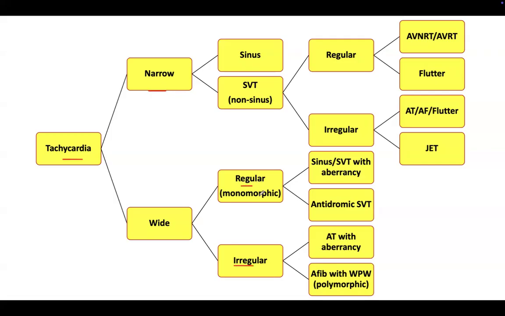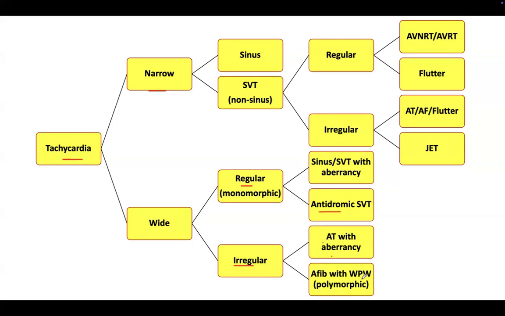Regular is usually monomorphic, and then it could be sinus tachycardia with bundle branch block, or SVT with bundle branch block, or antidromic SVT. Antidromic SVT is regular, and AVRT or AVNRT with aberrant conduction is usually regular. If it's irregular, it could be atrial tachycardia with aberrancy or AFib with WPW.